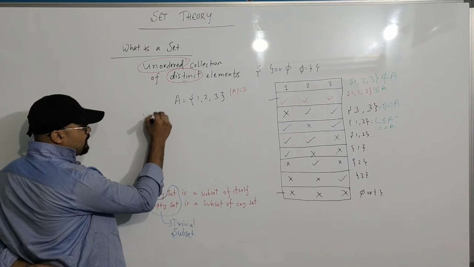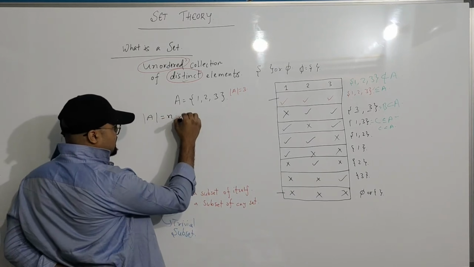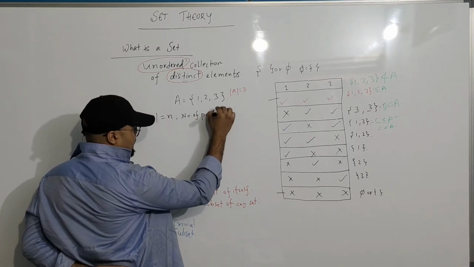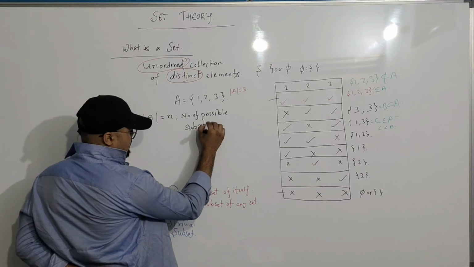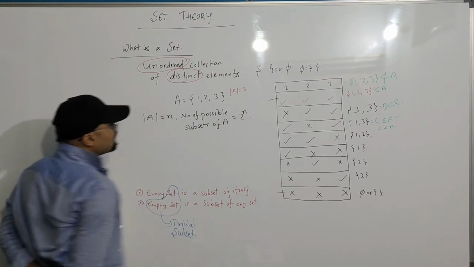So if the cardinality of A is n, the number of possible subsets of A is equal to 2 to the power n.